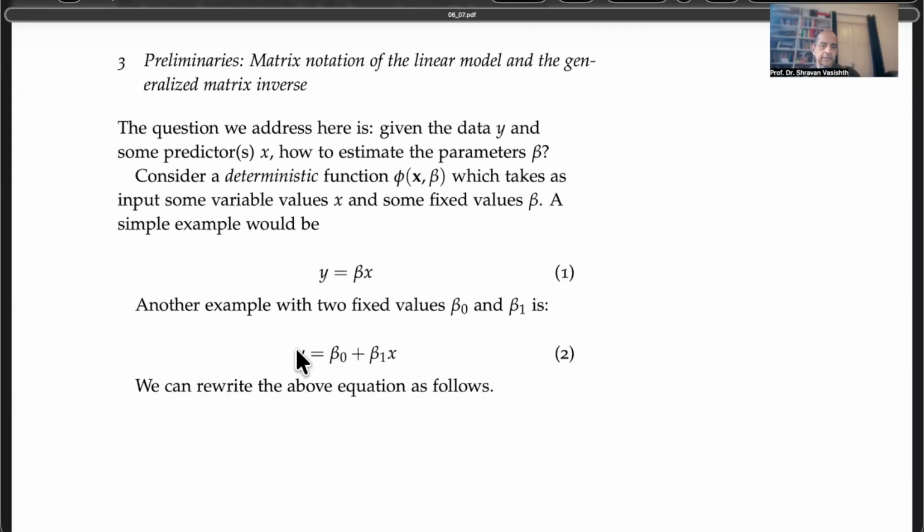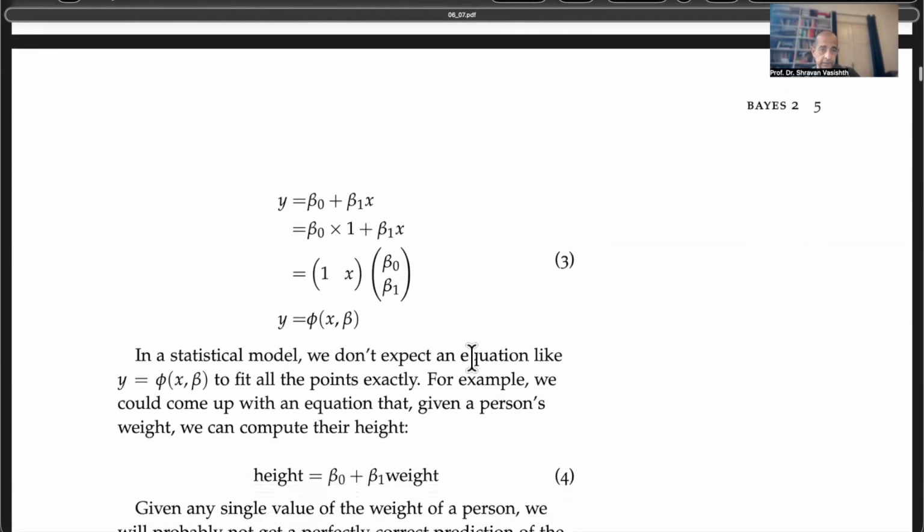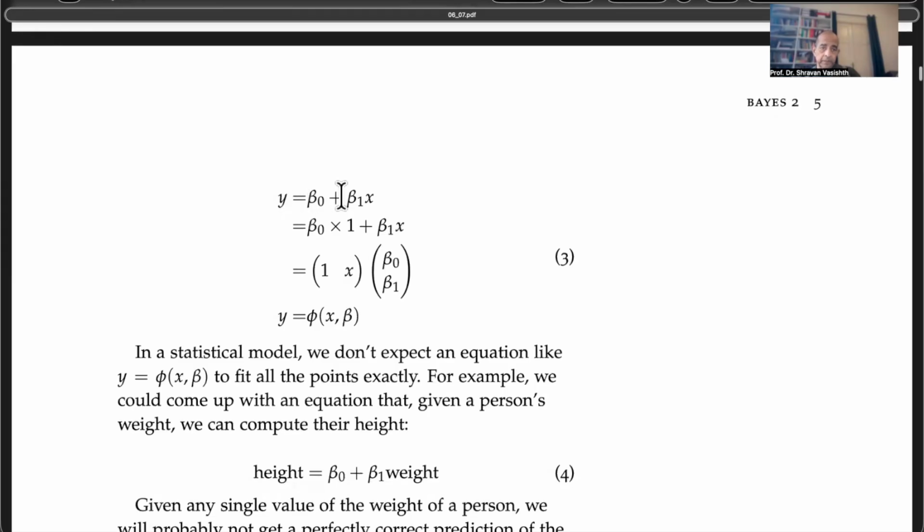So the interesting thing here, if you focus your mind on this equation, is that you can write it in matrix form, okay? The matrix formulation is like this. Beta 0 plus beta 1 x is equal to y. I could just multiply beta 0 with 1 and beta 1 with x, and then take the 1 and x out and put them in a row matrix, 1 row and 2 columns.